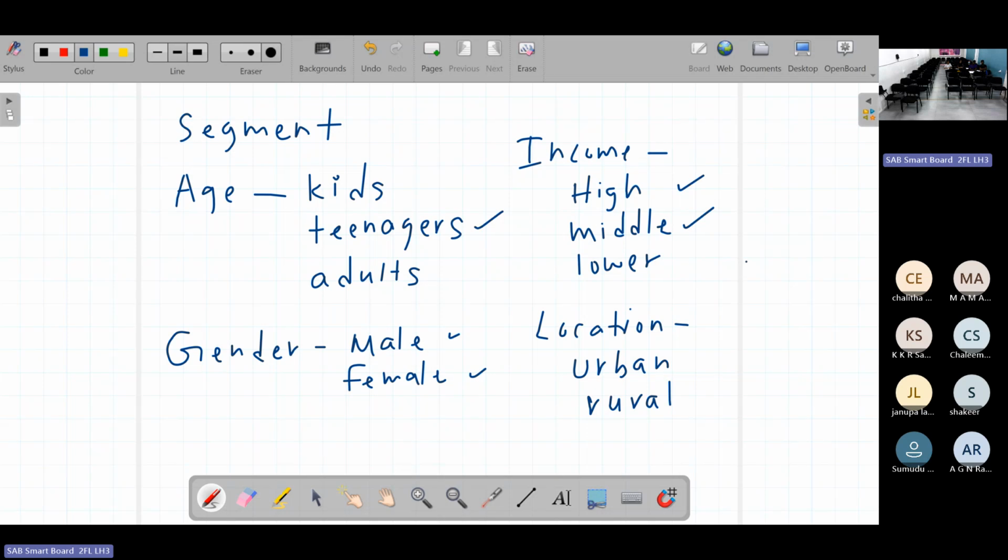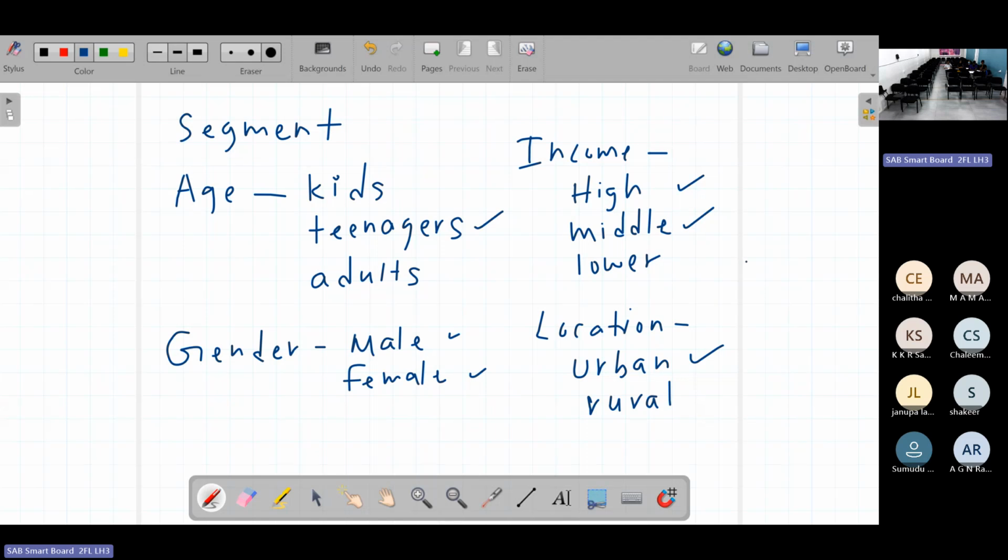Location-wise, only urban people, main cities. Once we divide the segments, we are going to offer our products to teenagers, both male and female, living in urban cities with either high or middle level income. That's our target market.